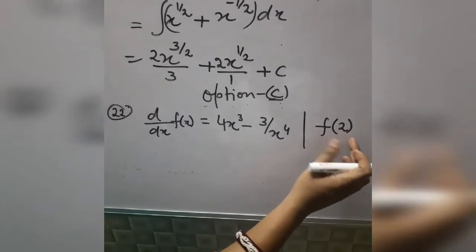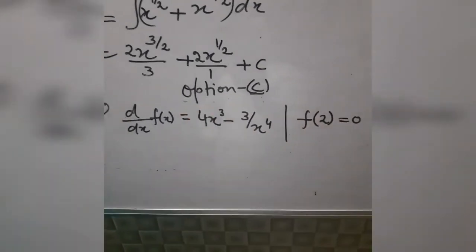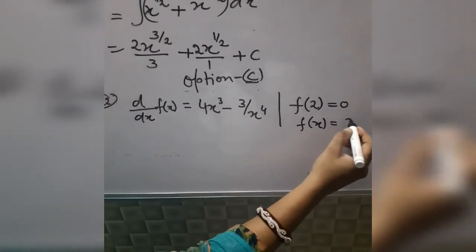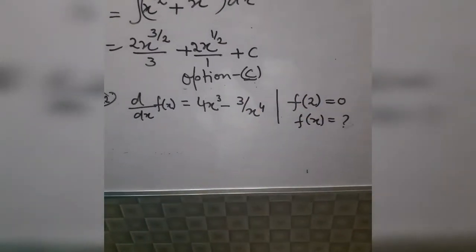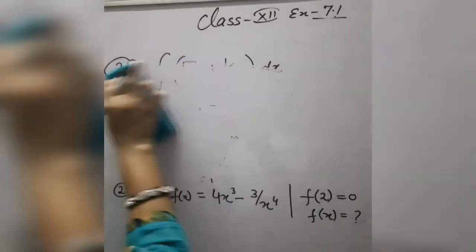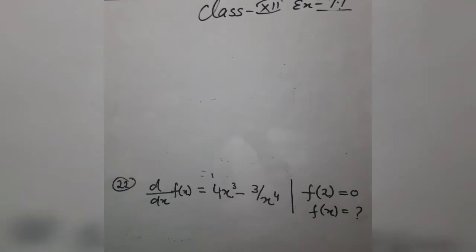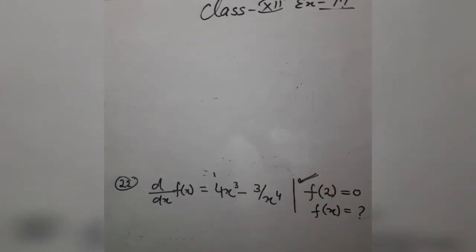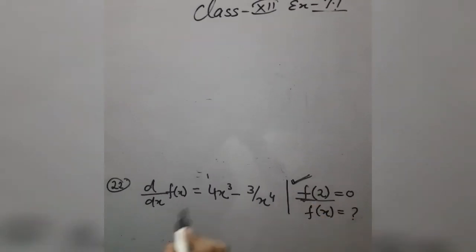It means the value of the function at x is equal to 2. This is given to you as 0, and you have to find out the function fx in this case. So this is a little bit different, because in this case one extra term is given to you. Now see how we will use this extra term.